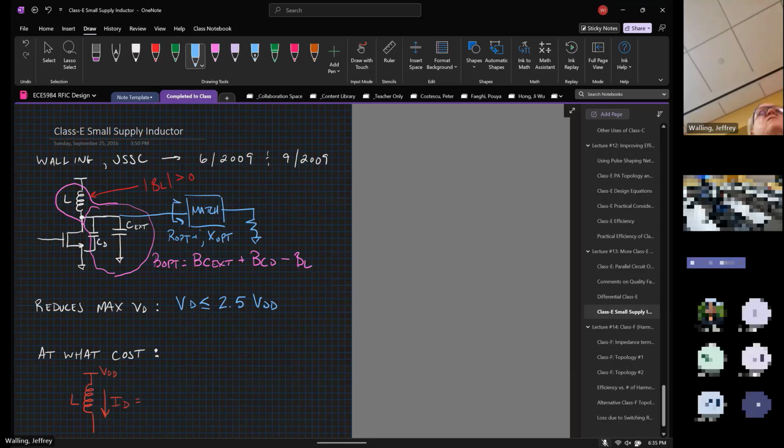Remember, the Class E network by itself is going to give something like 3.6 times VDD at that drain node. When you do all these things, you can get it down to 2.5 times VDD, which is a lot better for device stress.